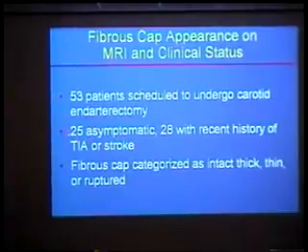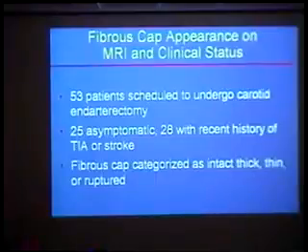Among these, 25 are asymptomatic and 28 are symptomatic. The difference is that at our institution, whenever you have a stenosis over a certain level, for example 70% stenosis, regardless of whether you have symptoms or not, all those patients will be operated on. That's why we have a fair amount of asymptomatic patients in this group.